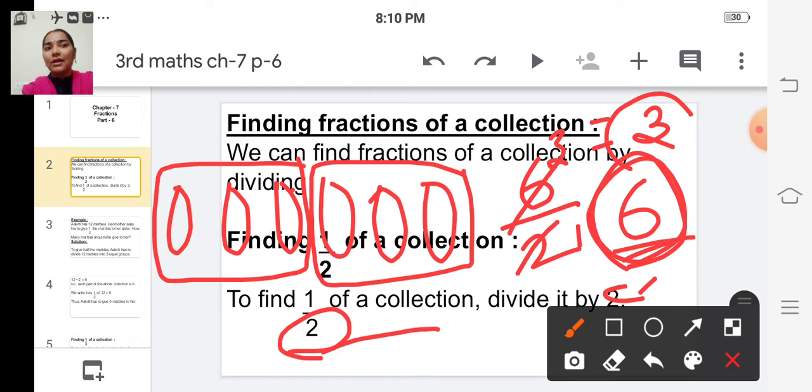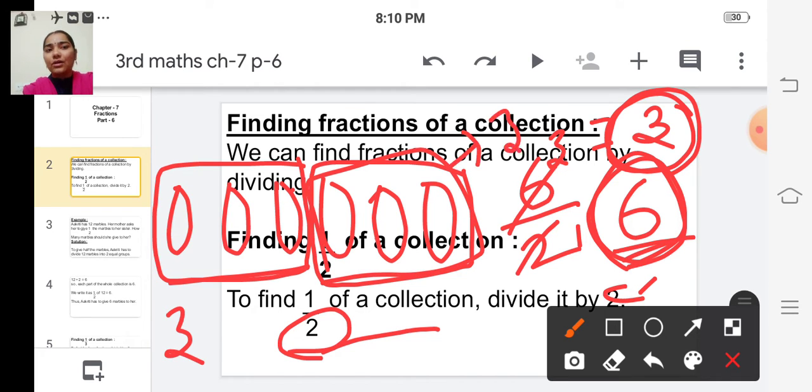Each part will have 3 chocolates. This part will have 3 chocolates and this part will have 3 chocolates. That means you are dividing those 6 chocolates into 2 equal parts, that is 6 by 2.